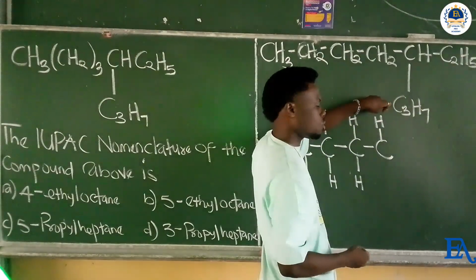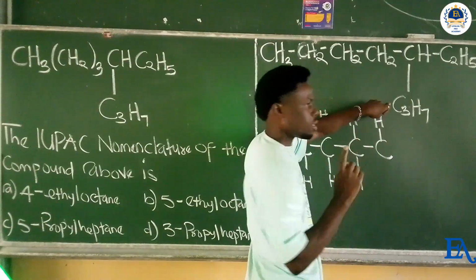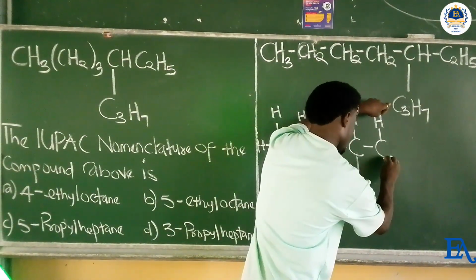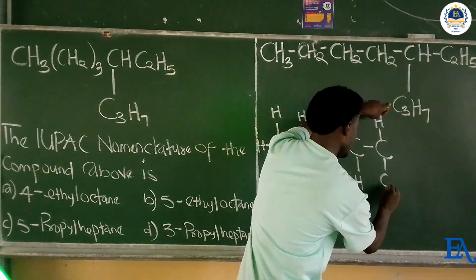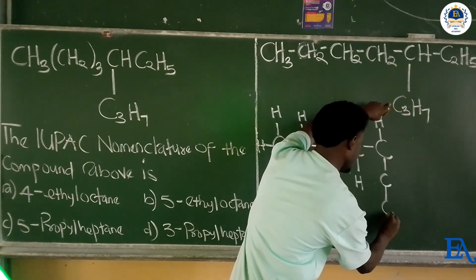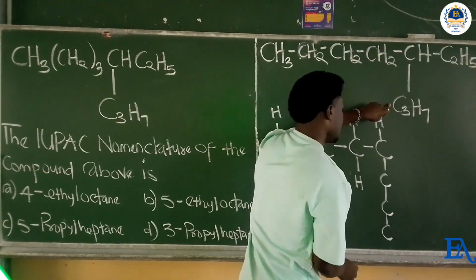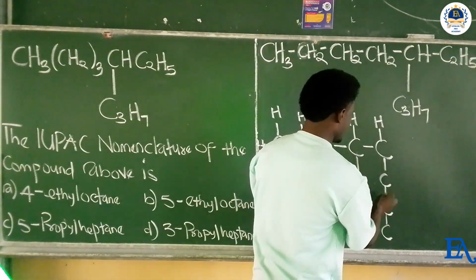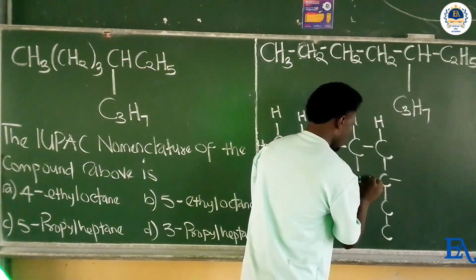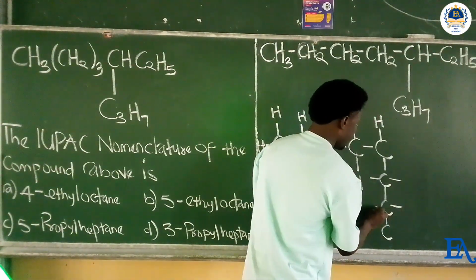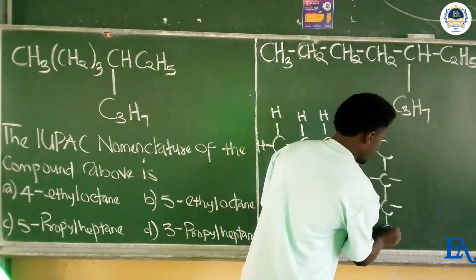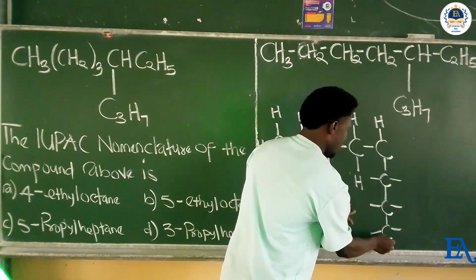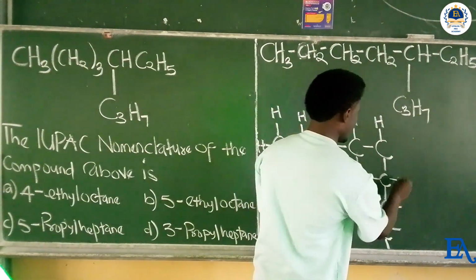Under it there is a substituent with 3C and 7H, so 1C, 2C, and 3C with 7H.